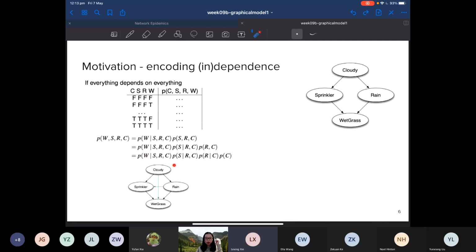So if we draw an arrow from any of the conditioned variables to the variable we're modeling, then we end up with this graph with two extra green edges rather than this particular one. This is a general and indeed correct decomposition of the joint probability, but this one is slightly more succinct.